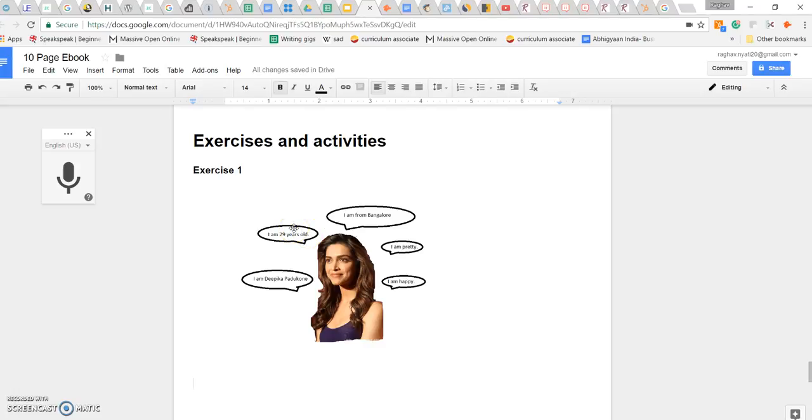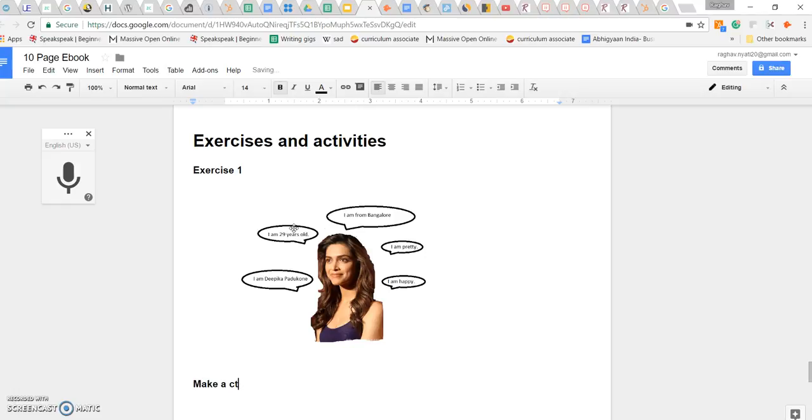So the aim of this exercise, as I said, is to enable the student to speak up about himself. So what other exercise could you think of which would enable the student to speak up about himself? Write that exercise here, whatever it is.